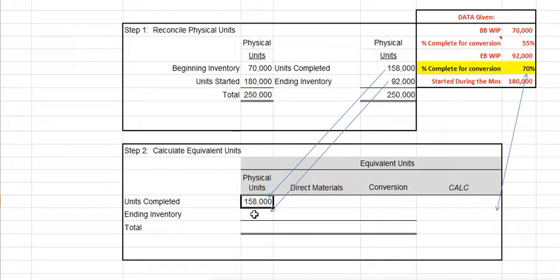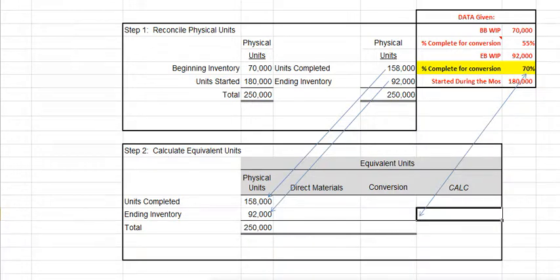This is your physical unit, so we've got the 158, we've got a 92, and we're going to take a total. Then you're going to bring down your direct materials and conversion, because you need to calculate the equivalent units for both. So this is going to go right here to this calculation, and also what I have right here as a display.